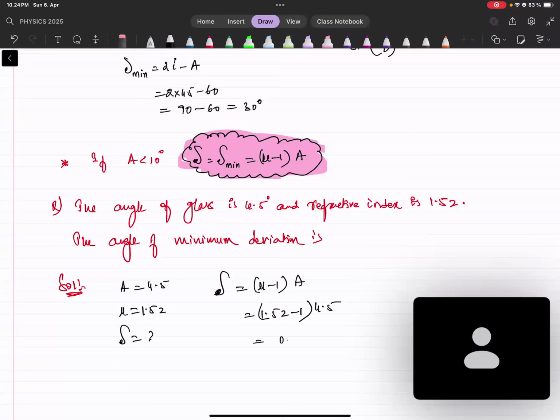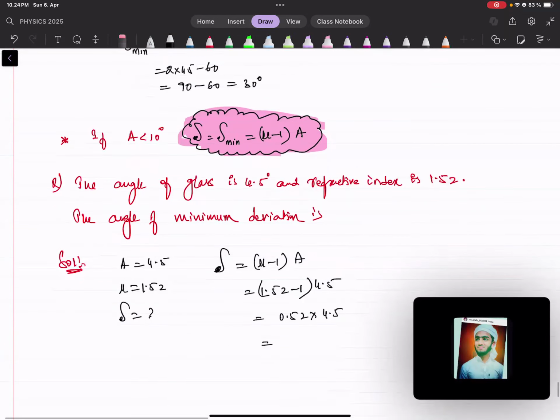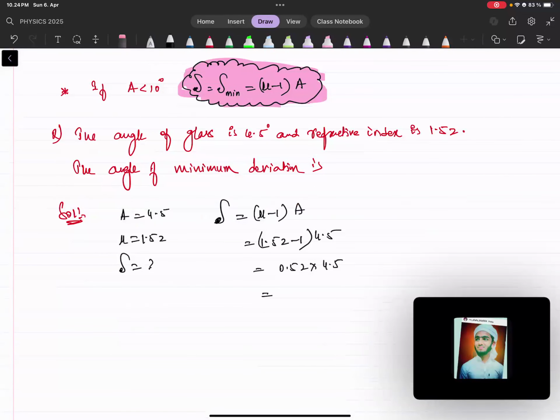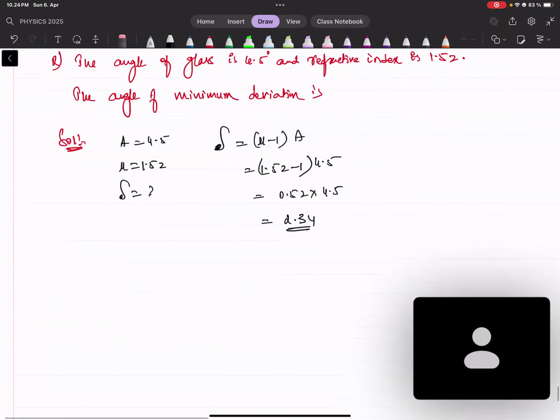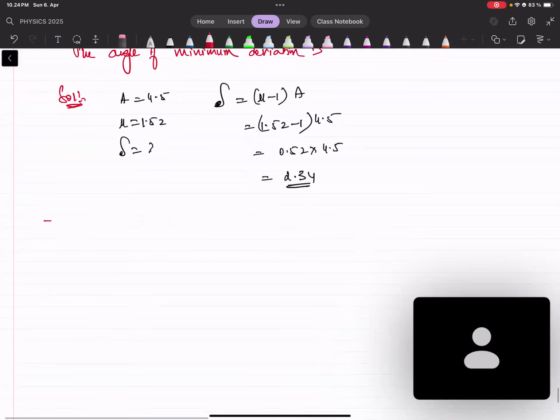So this value will be equal to 0.52 multiplied by 4.5, which comes to 2.34. Chalo. Got it? Chalo. Next one, an important area, that is your lens maker's formula.